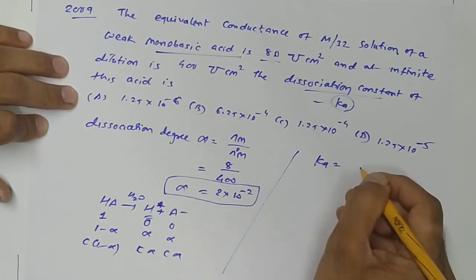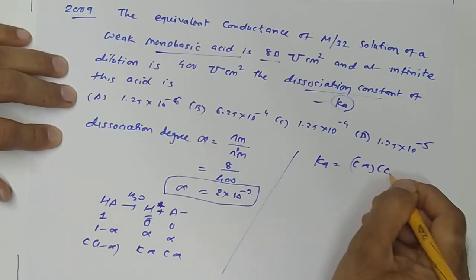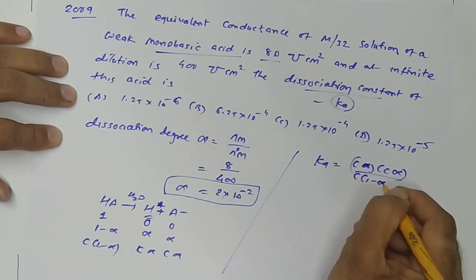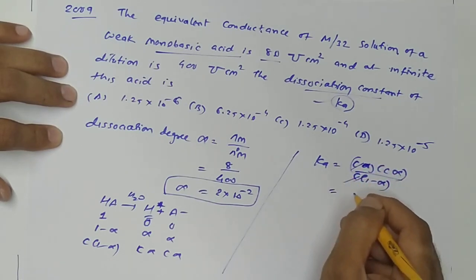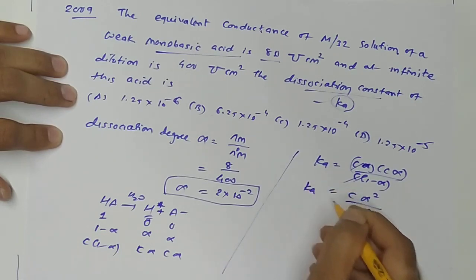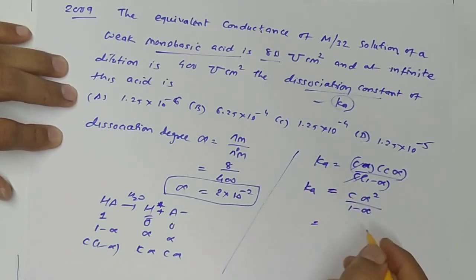So Ka will be C alpha × C alpha upon C(1 minus alpha), which is C alpha squared upon 1 minus alpha.